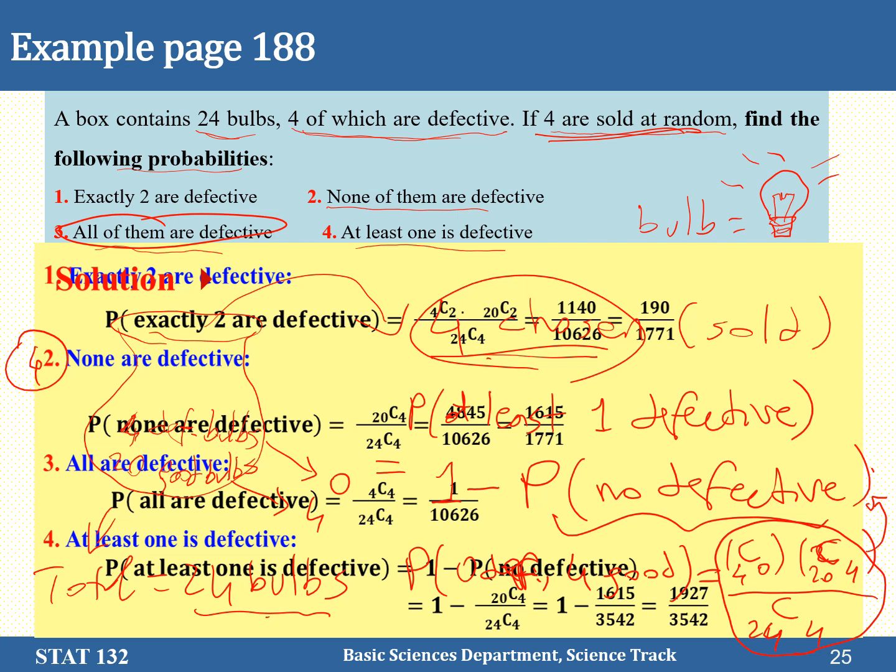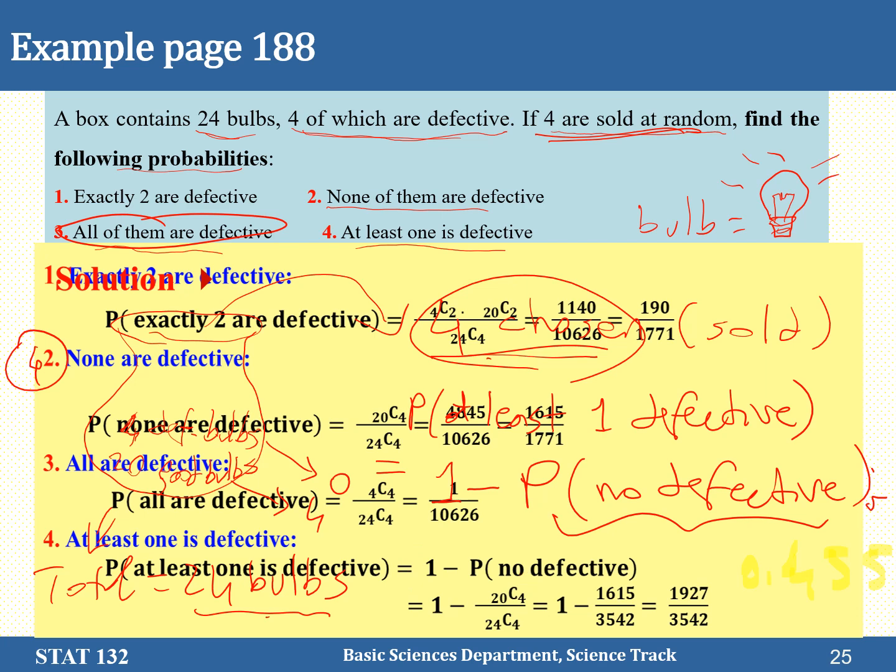Now if we calculate with a calculator, this will be equal to 0.455, and then if we put it here and here, this will be 1 minus 0.455, which is equal to 0.545.